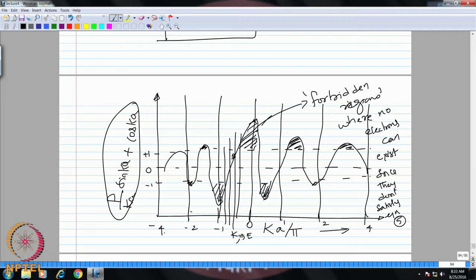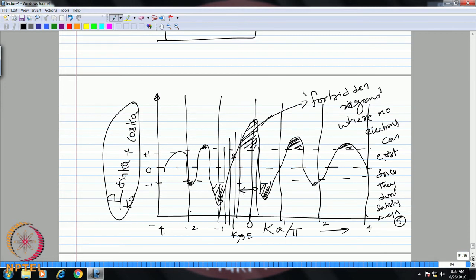Now, when it comes to this forbidden region, there no electrons can exist, therefore you cannot have any values of energy there. So, from here to here, you will produce a band gap. This is how in semiconductors and metals we talk about the concept of a band gap between two bands, the valence band and the conduction band.